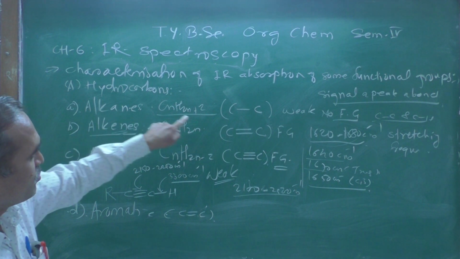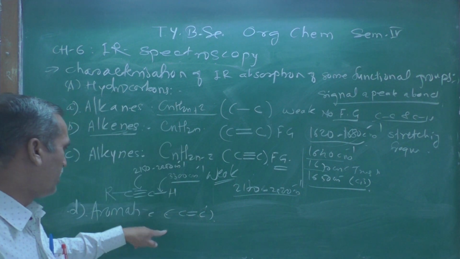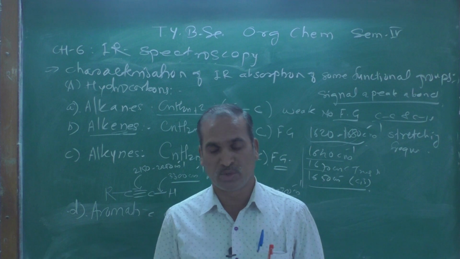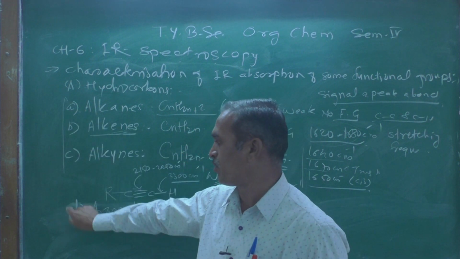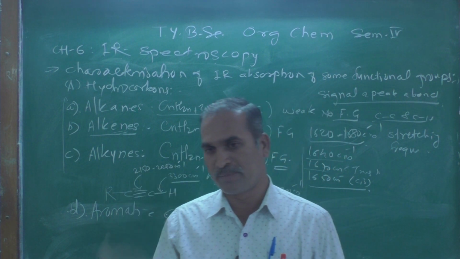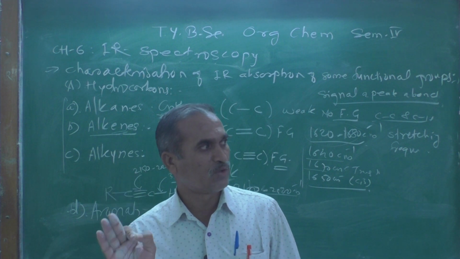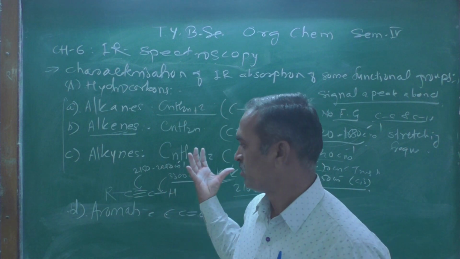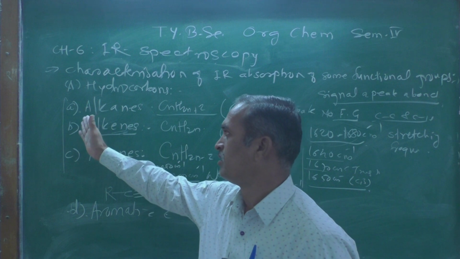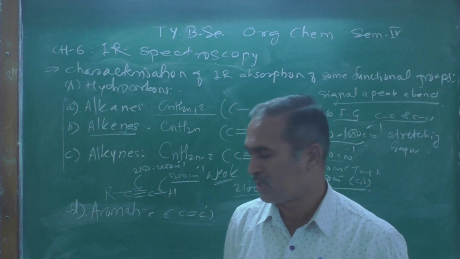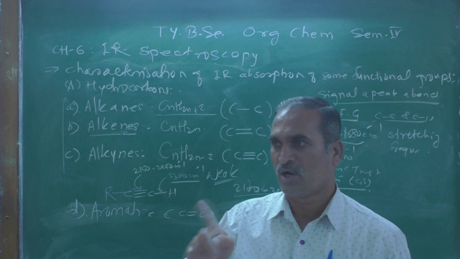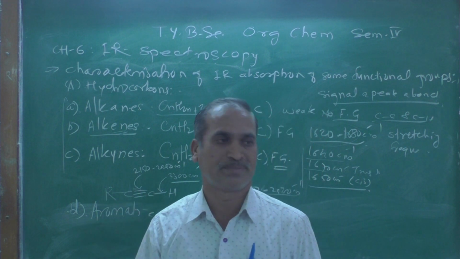In alkenes also the carbon-carbon double bond is present, and in aromatics there is also a carbon-carbon double bond. These others are aliphatic compounds, this is an aromatic compound. Theoretically, those organic compounds that obey Huckel's rule are termed aromatic compounds, those not obeying that rule are termed aliphatic compounds. So this is the way of distinguishing aromatic compounds from aliphatic compounds.